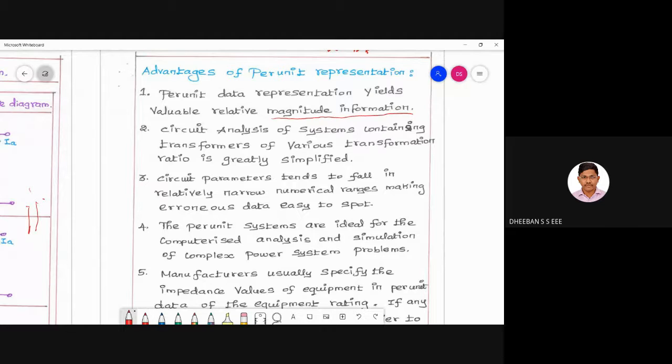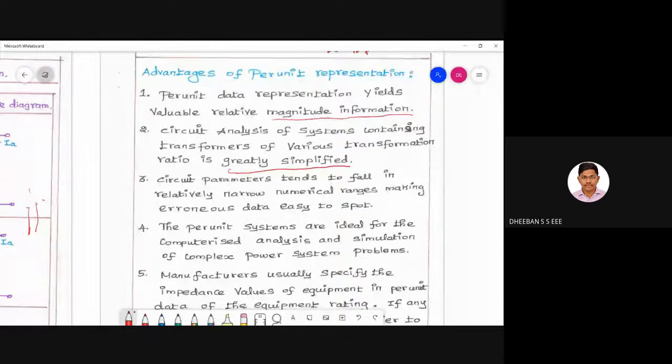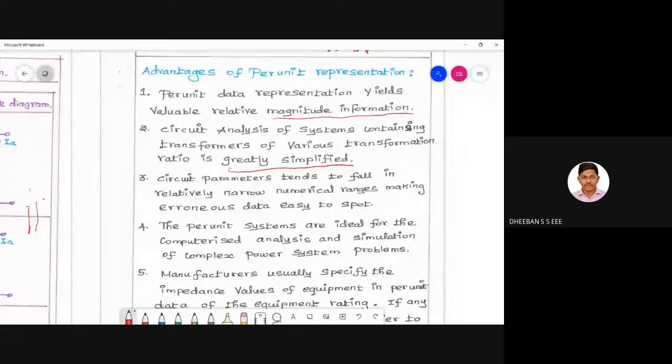Circuit analysis of systems containing transformers of various transformation ratios is generally simplified. So this is what I have said. In most cases, the turns ratio of the transformer will differ at each stage of the interconnected power system. For that purpose, generally what we'll be doing is making use of the per unit representation.